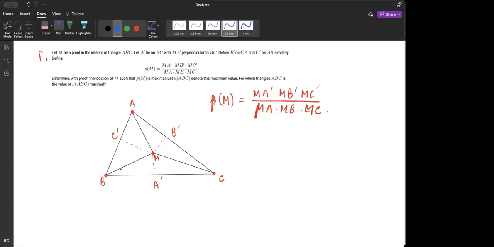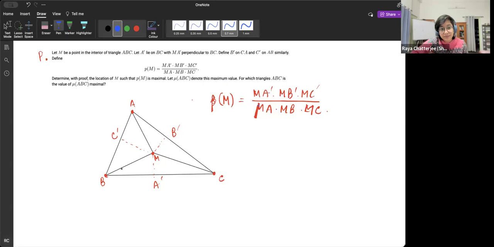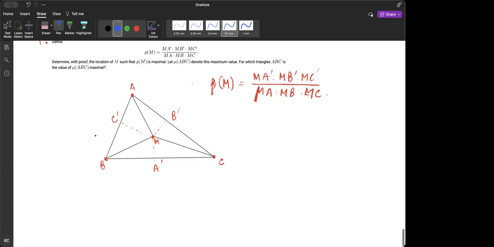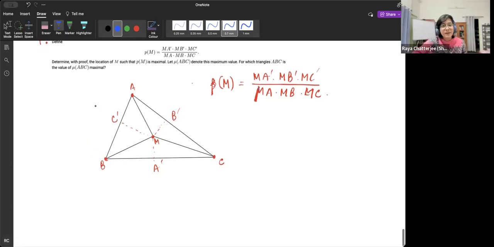The bottom one, MBC, the sine of that angle, so we could express MA prime and MB using angle MBC.